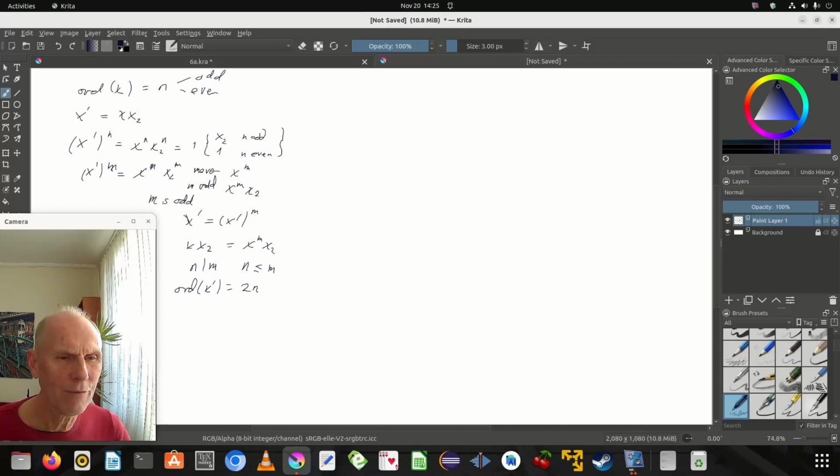And we already have this, and then n itself, if n is odd and we put it to n, then we get chi 2.